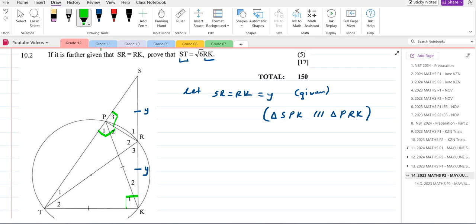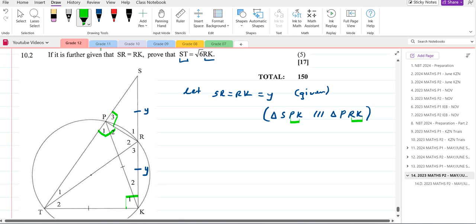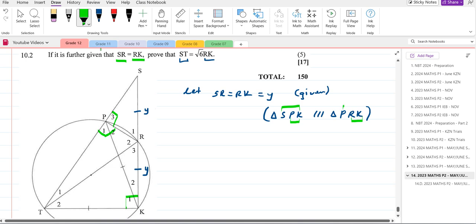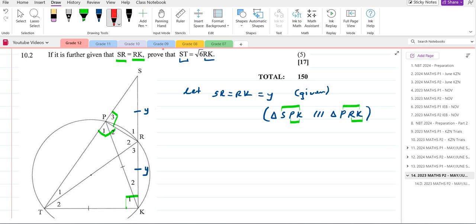SPK. Alright, so we are working with RK. We have to take those two ratios. We have SR and RK. So we can take SK. Let's start with SK over PK. I'm just trying this out.